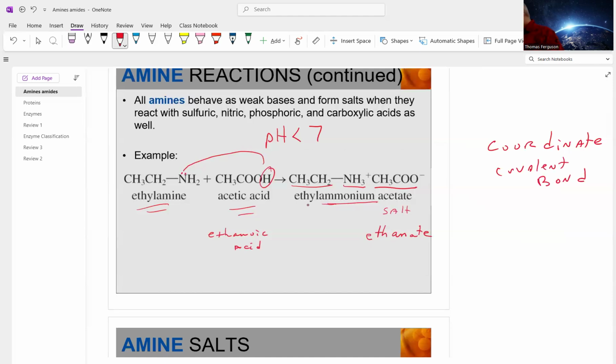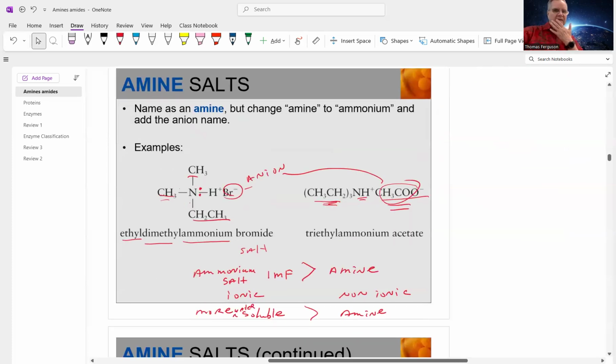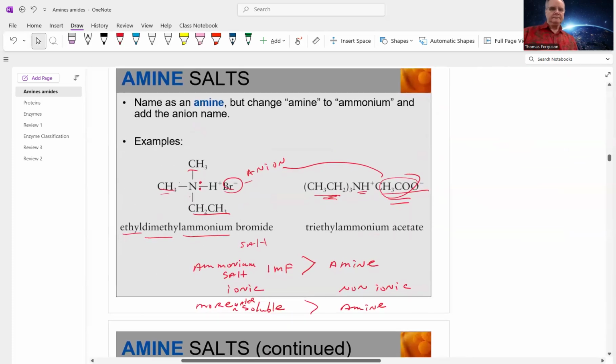A very specialized covalent bond. That's where something with no electrons bonds with something with excess electrons. And when we name the ion, we're going to have ammonium in the name.